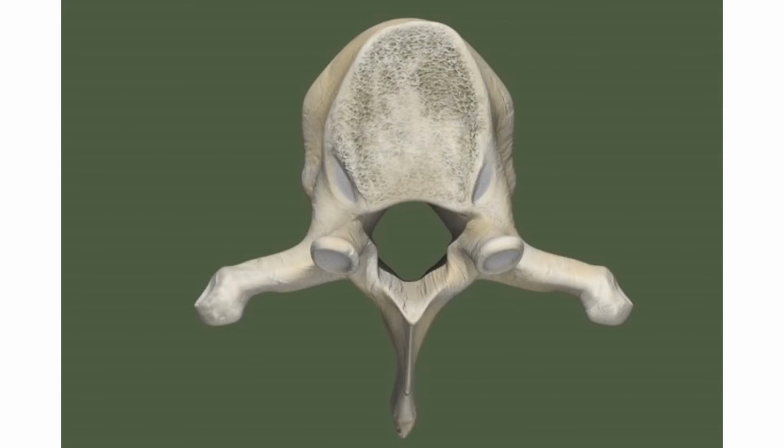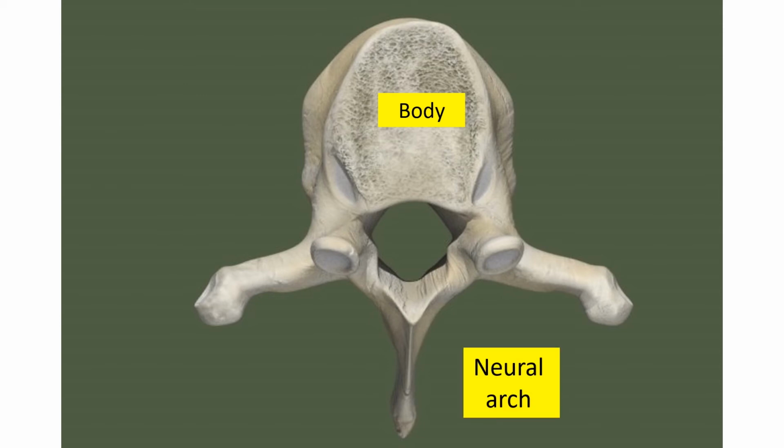What kind of vertebra is this? If we look at the body, most of the vertebrae have bodies, but if we look at the neural arch made of two pedicles and two laminae, so what? Many vertebrae have neural arches. But if we look at a facet on the superior part of the body of this vertebra, this is very special for thoracic, and it tells us that it is thoracic.